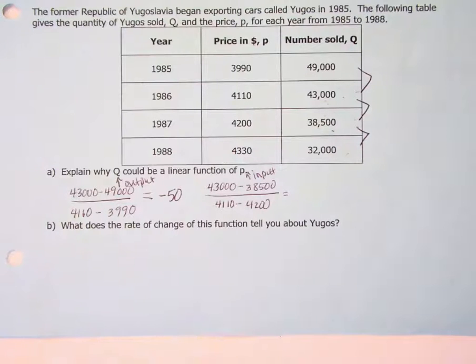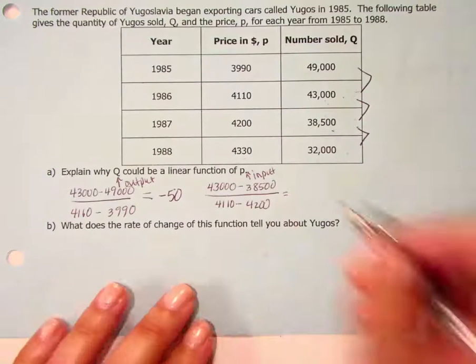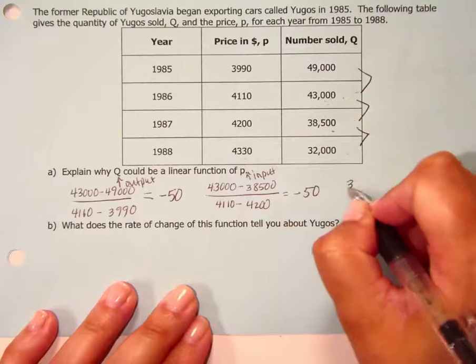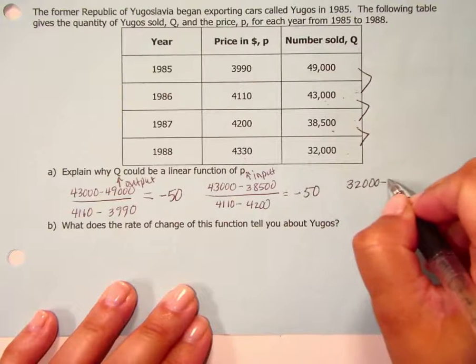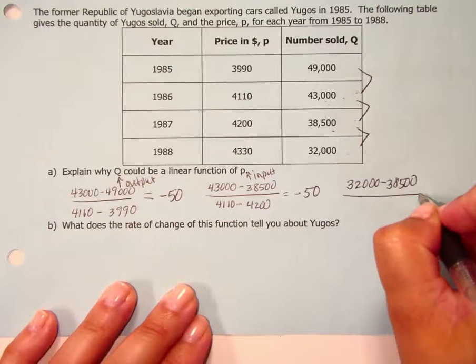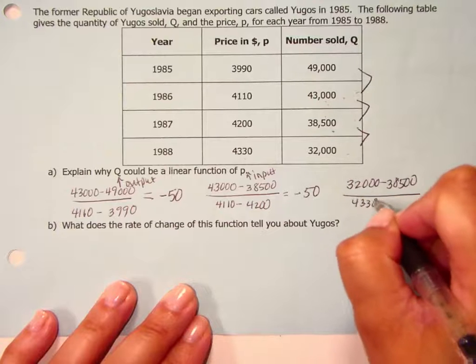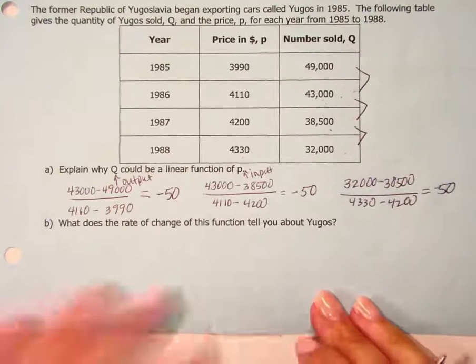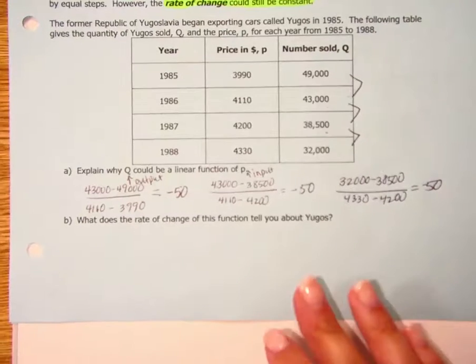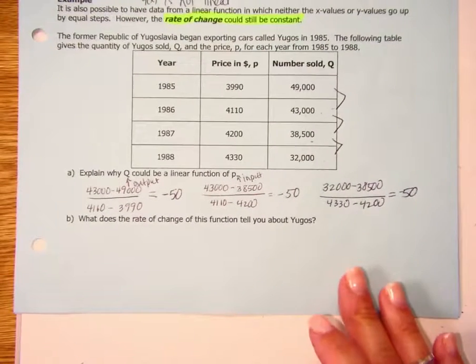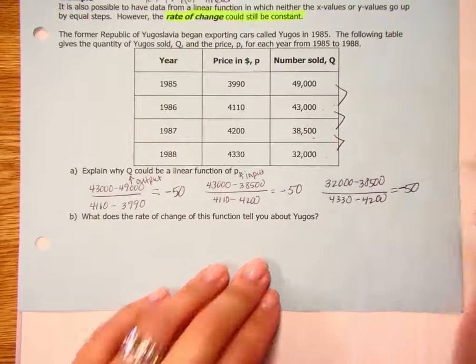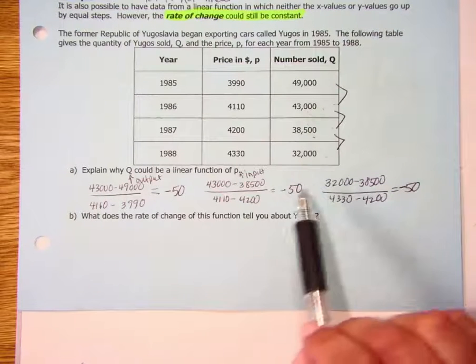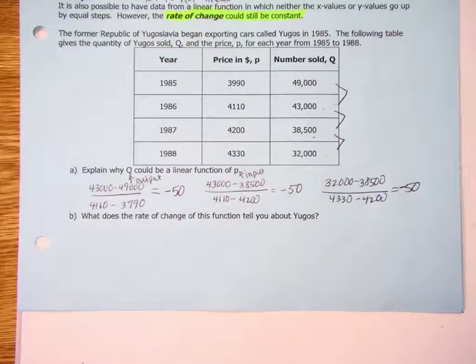All right, you guys are looking pretty good here. So what we should be seeing is that even though our input and output are not increasing by the same amount, the rate of change is constant.